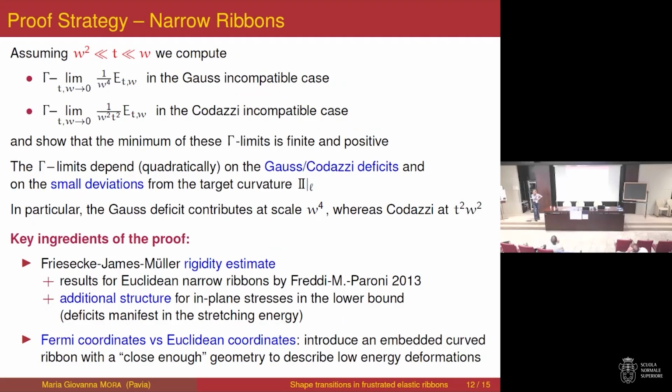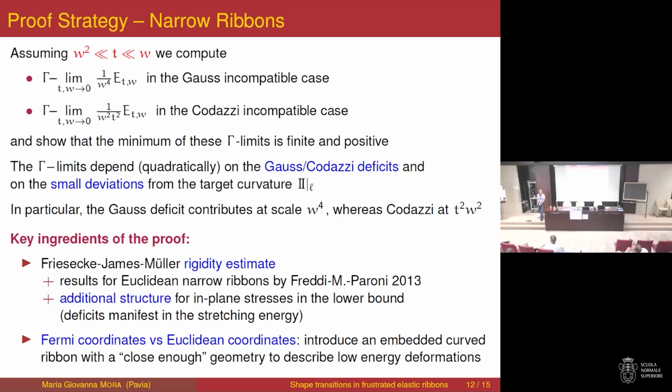So the minimizers are for small deviations equal to zero. So the energy is just the L2 norm squared of the Gauss and Codazzi deficit on (0, L), divided by L. This is the minimal energy that we get. And so I would say that this does not change as you change L. That would be my answer.